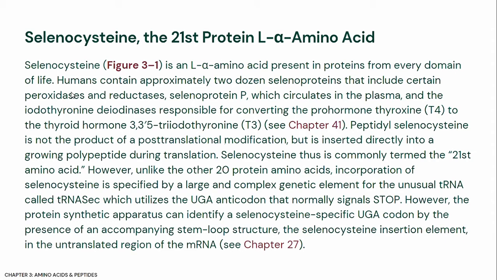Dextrorotatory is plus, levorotatory is negative. Okay? Now, when we take up our carbohydrates, especially your glucose molecule, you can see now this capital L, capital D. Now, we'll go into that later on.